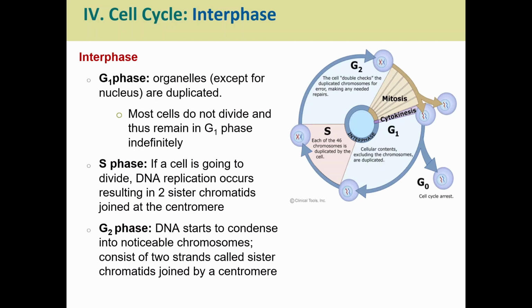Just like you would not be able to make corrections to your paper after you submit it for grading, same thing. Those mistakes are locked in if they escape from G2 into mitosis and cytokinesis. There's one more time where we'll get one last check partway through mitosis, but other than that, G2 is our last chance to find any errors.